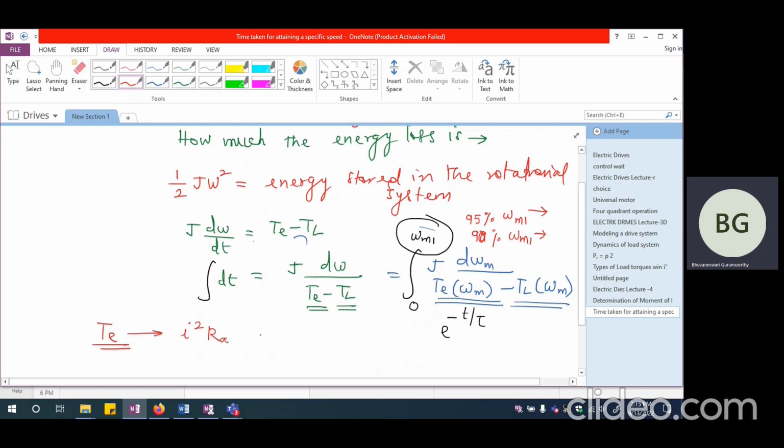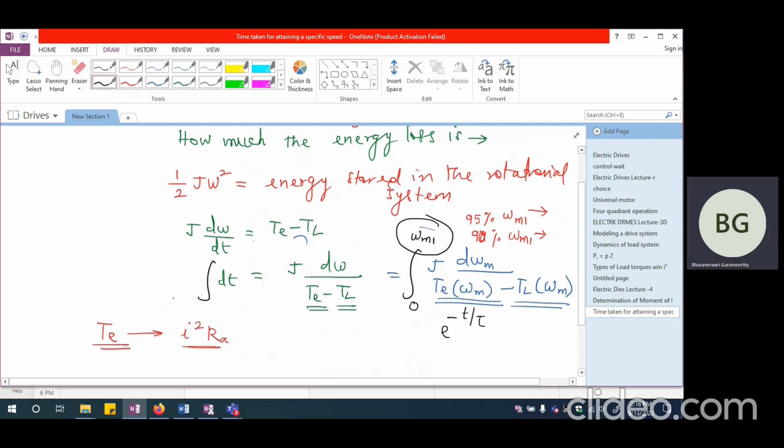If it is a synchronous machine, I can again take RA, which is the armature resistance, but I have to multiply this by 3 for getting three-phase armature losses. And if it is an induction machine, again I have to take I stator, but I should take the resistance involved in the rotor winding as well as the stator winding, and I should multiply that by 3 as well. Because for all three phases, I have to take into account the copper losses incurred by the stator as well as the rotor.